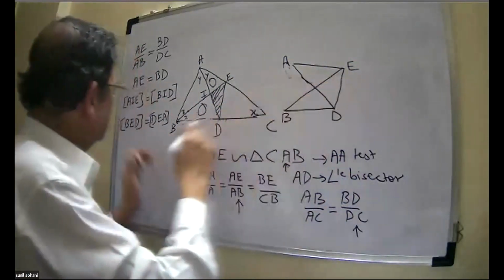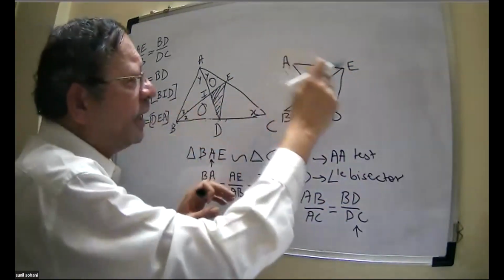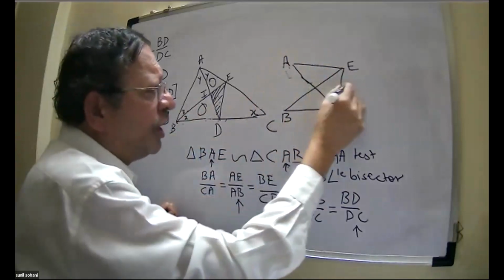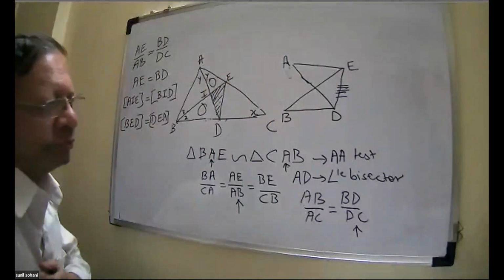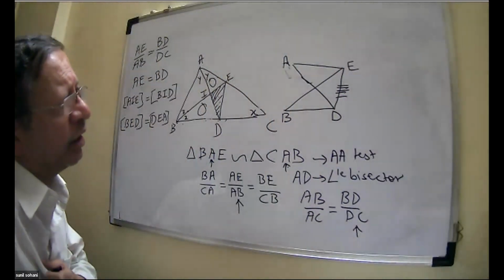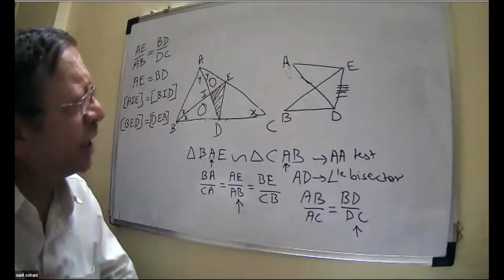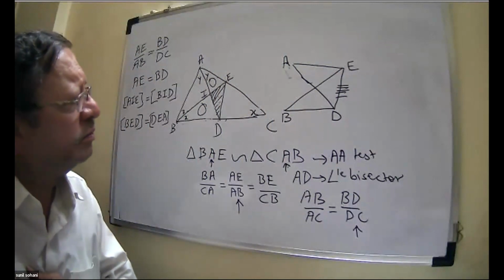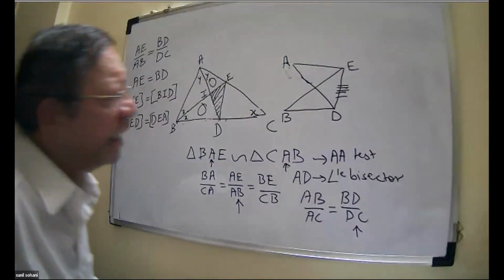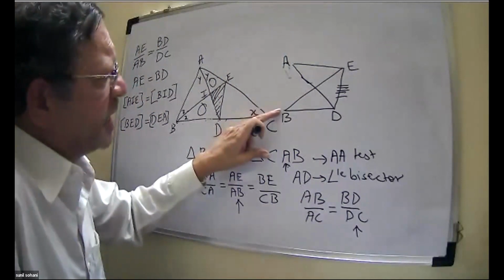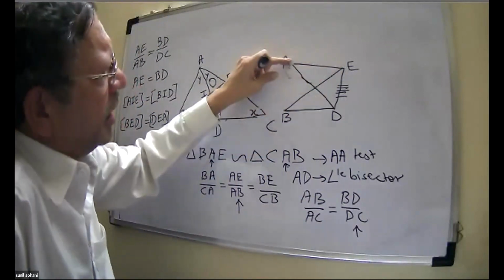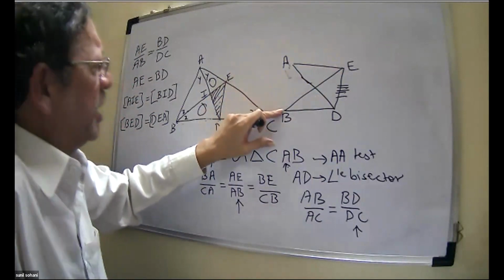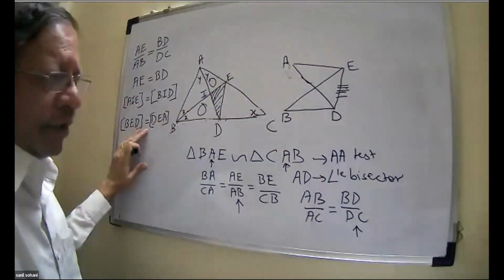So this area and this area are equal, and both are sharing the same base, which I am darkening, ED. So I can look at the two triangles in this fashion. The area with D is the same base and B is at a different point, A is a different point with the same base, and A, B are giving the same areas as I have shown here.